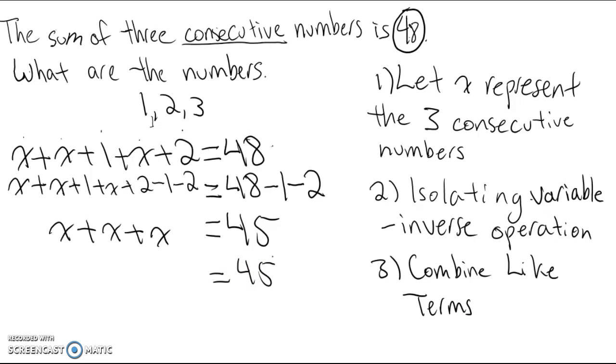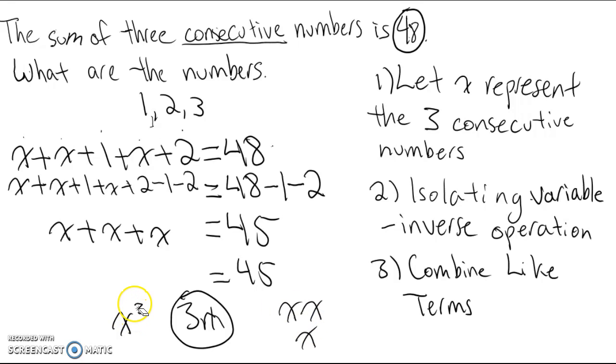Now, x plus x plus x. Some people struggle right at this spot, going from here to here, because some people think x plus x plus x is x to the power of 3, and some people think it's 3x. Well, the correct answer is 3x, because it's basically telling you that you have 3 x's. X to the power of 3 is a totally different thing.